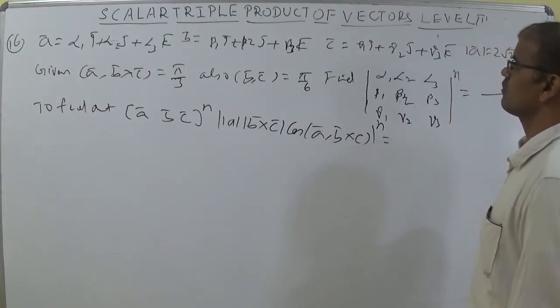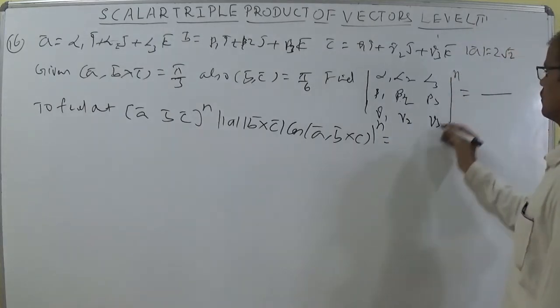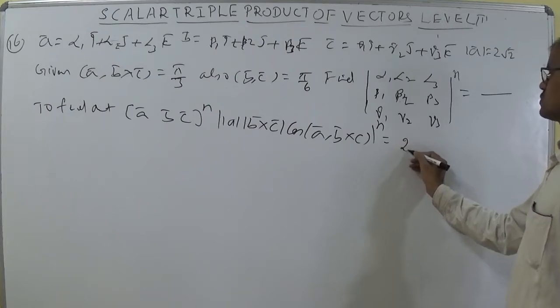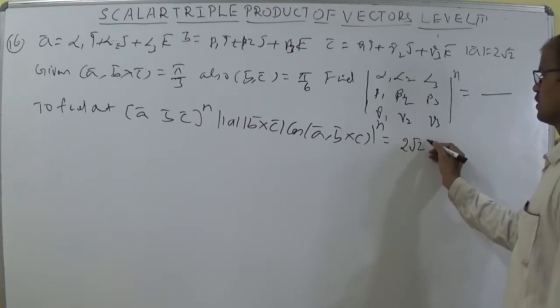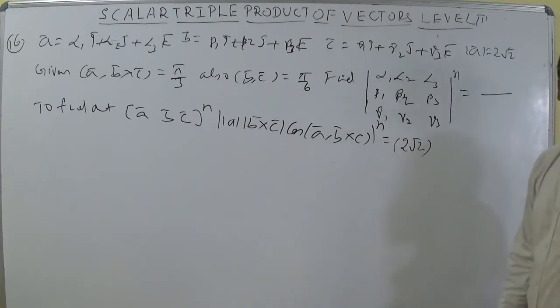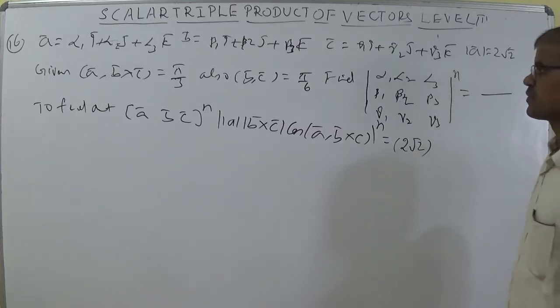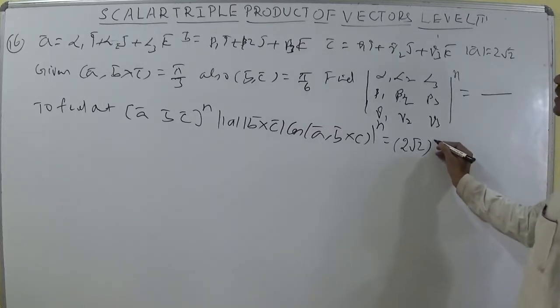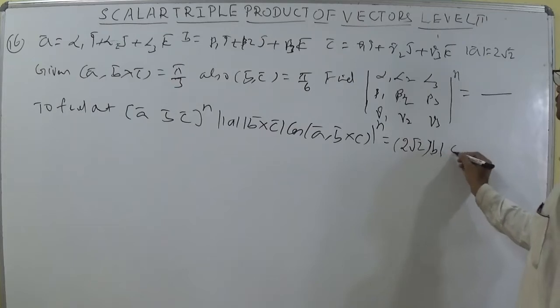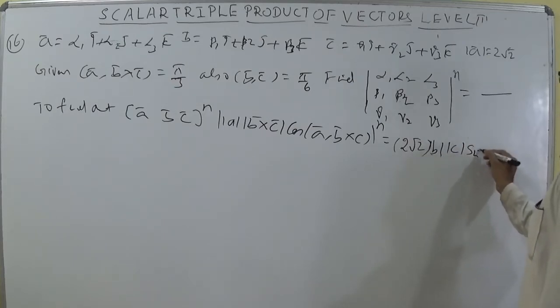What is the value of modulus of A? It is given as 2 root 2. And modulus of B cross C means mod B into mod C into sin of B comma C.